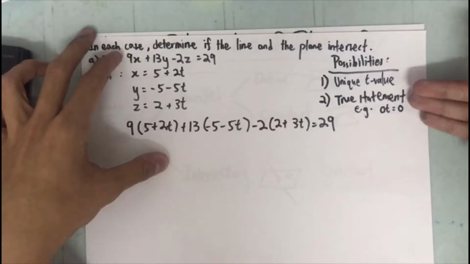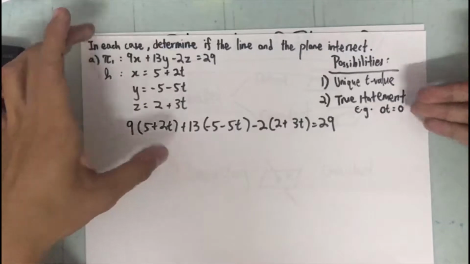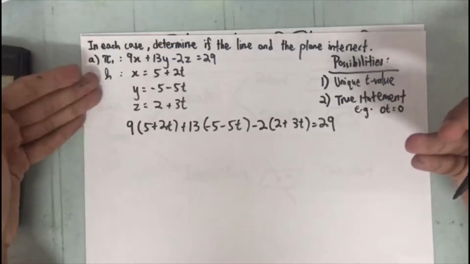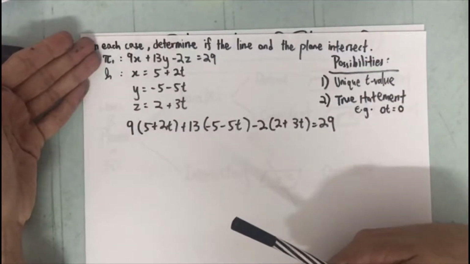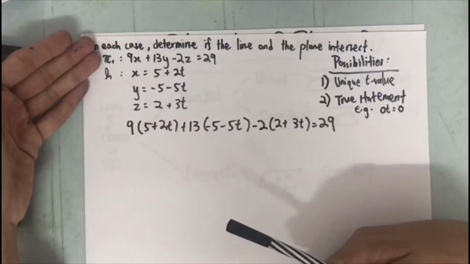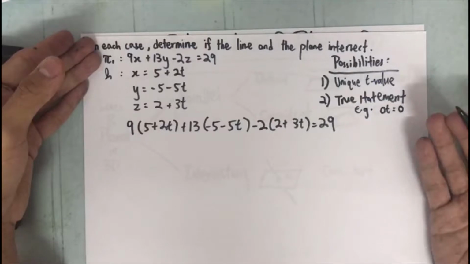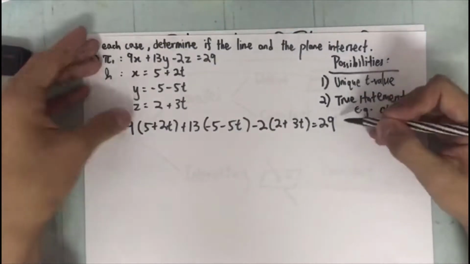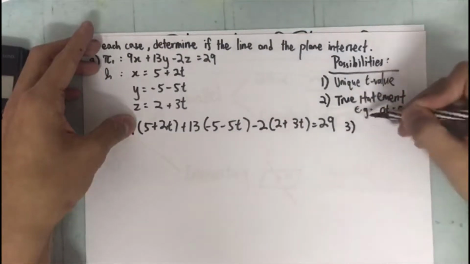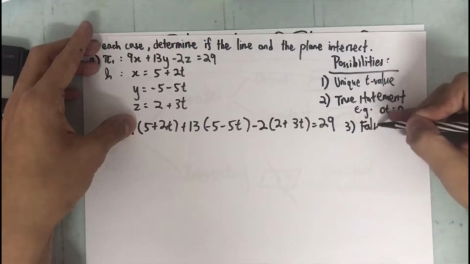And this case tells you that actually the line and the plane are parallel and coincident because any point is true.